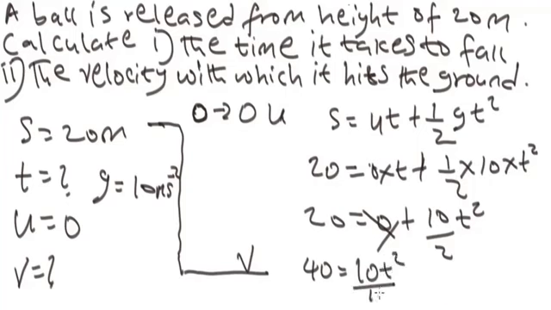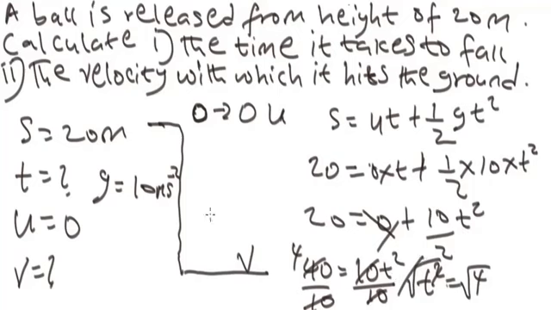Divide both sides by 10, and we have t square equals 4. To make t the subject of the formula, you take the square root of both sides. Therefore the root of 4 is 2, so our time t equals 2 seconds. This will be the time.